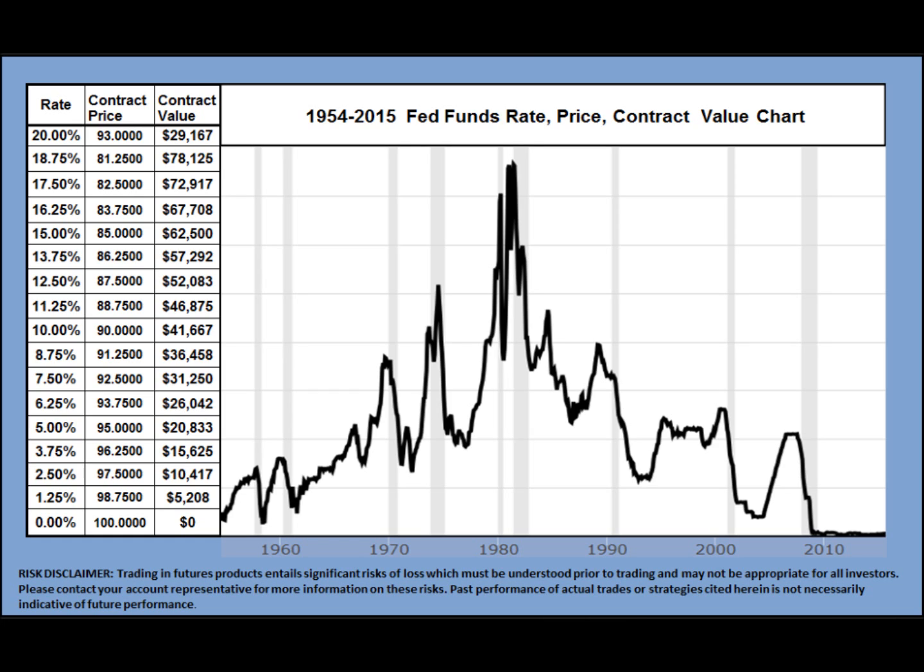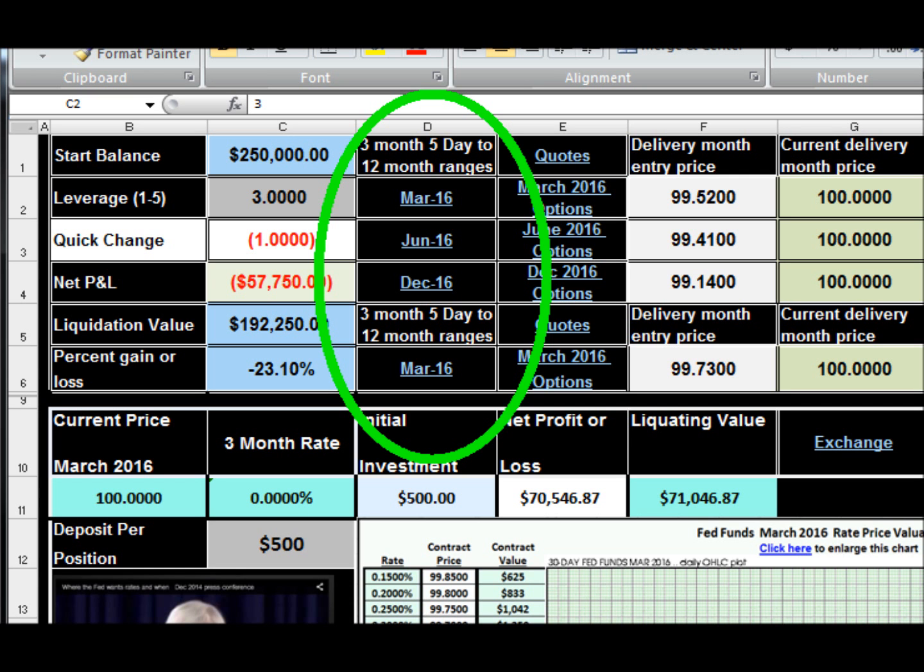Facts. From the current historic lows near zero, short-term rates can only have a major market move in one direction. The Fed has repeatedly stated where they expect the Fed funds rate and when. The question doesn't seem to be if rates will rise from their current artificial and historic lows, but when and by how much.